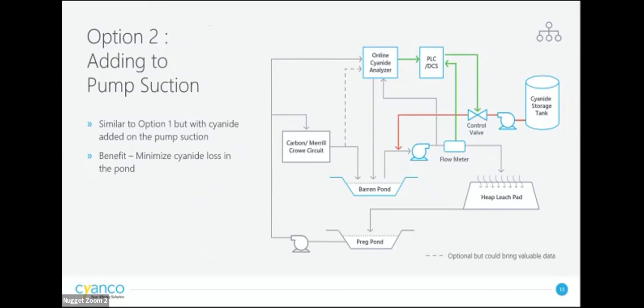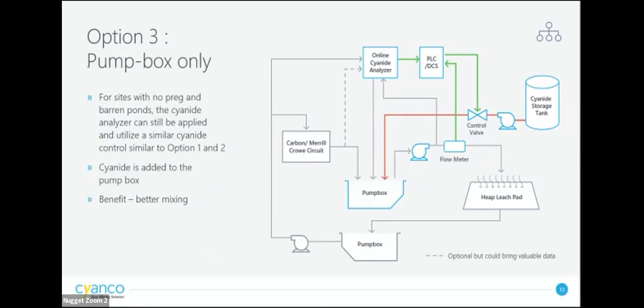Option 2: here the cyanide is added to the pump suction. This is a similar design to option 1, but it has the benefit of minimizing cyanide loss in the pond.